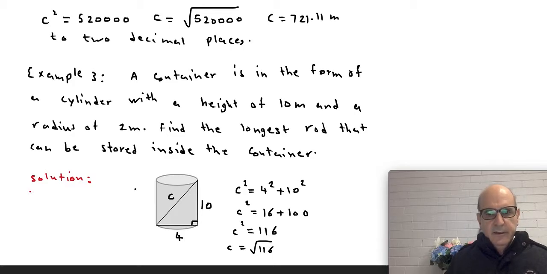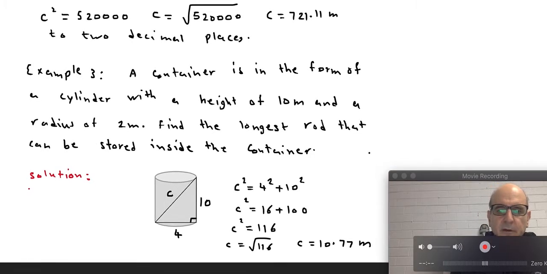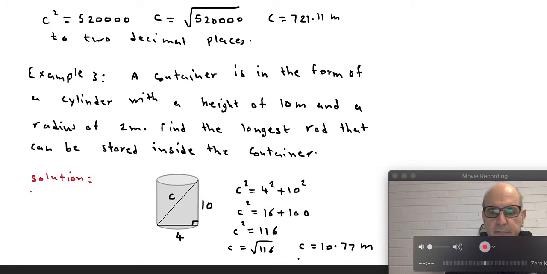So C is equal to 10.77 meters to 2 decimal places. That is the longest one that you can fit, to 2 decimal places.